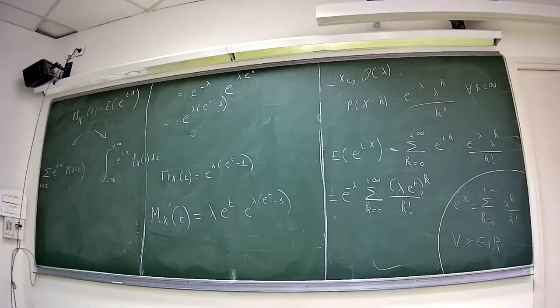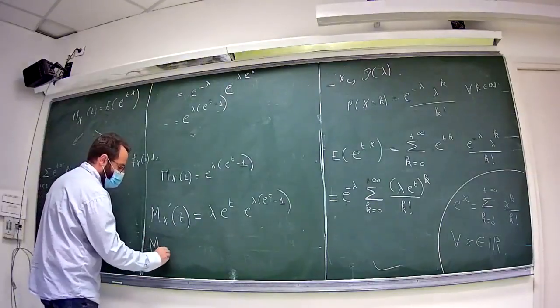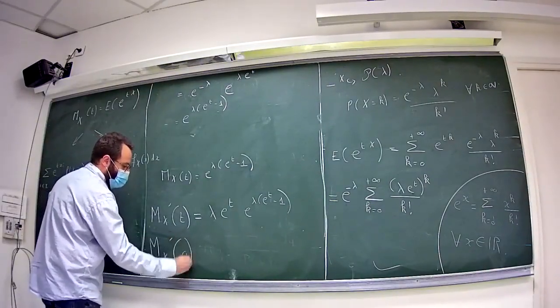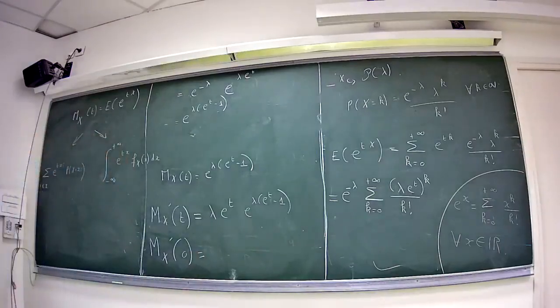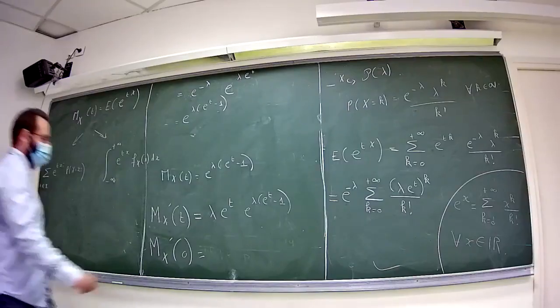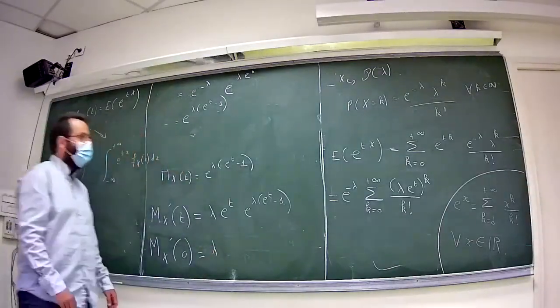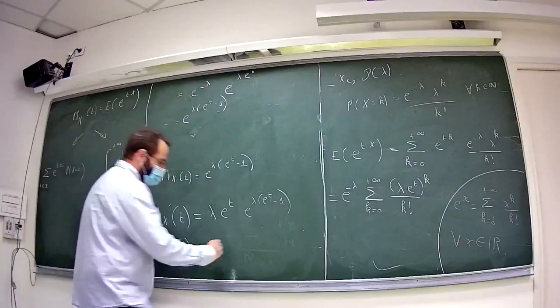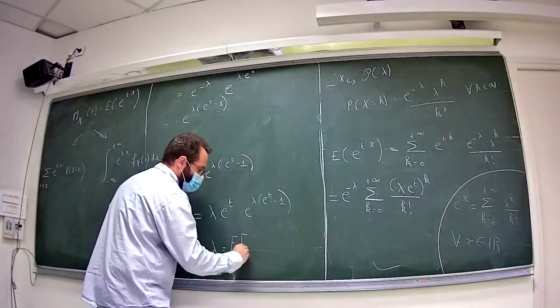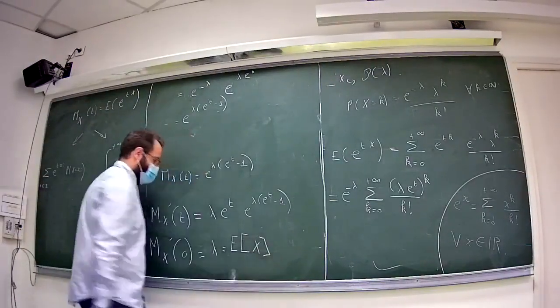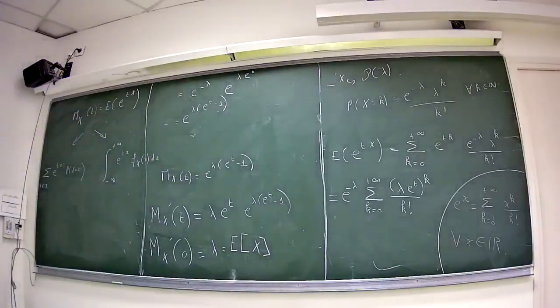What I obtain if I take the value of this derivative at 0 is lambda. And what is lambda? For a Poisson of parameter lambda, I can see it as the expectation.